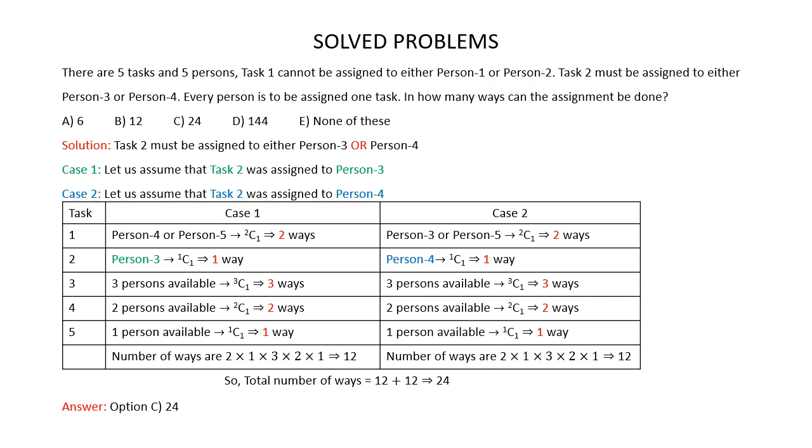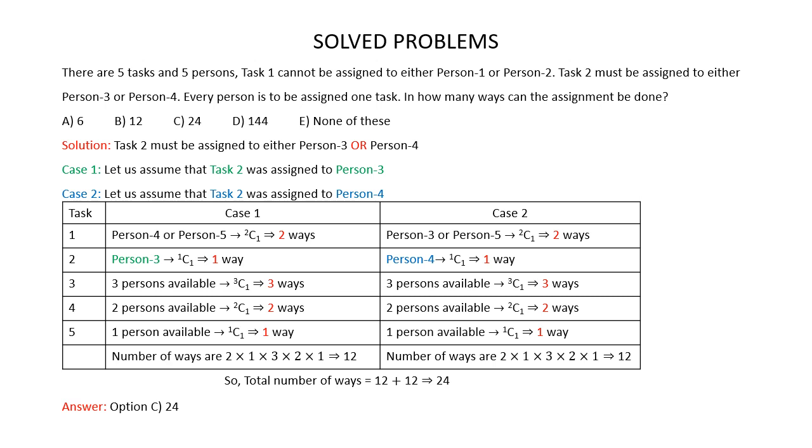So task 1 cannot be given to person 1 or person 2, and person 3 has already been assigned with task 2. So the persons remaining now are person 4 and person 5. So one person has to be selected from these 2 persons for task 1, and this can be done in 2C1 ways, which is nothing but 2 ways.